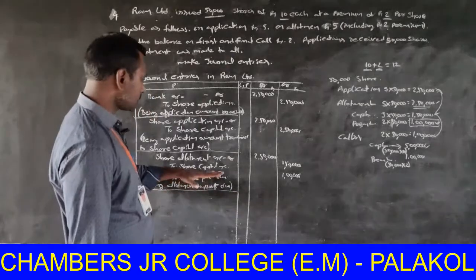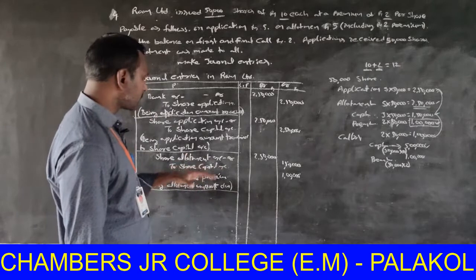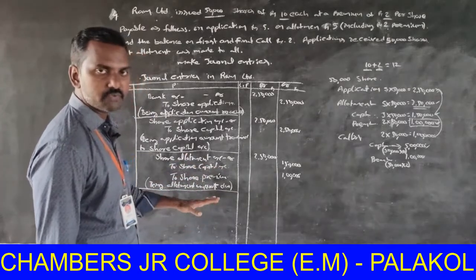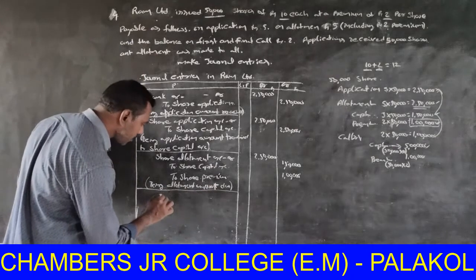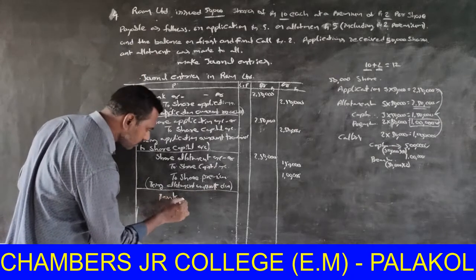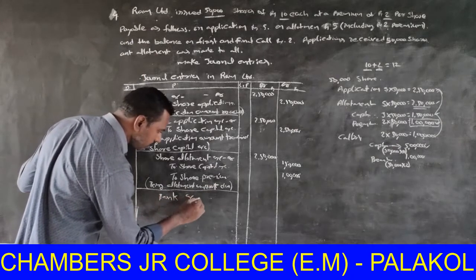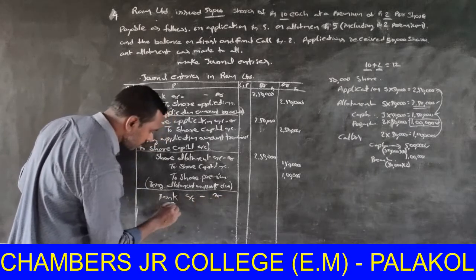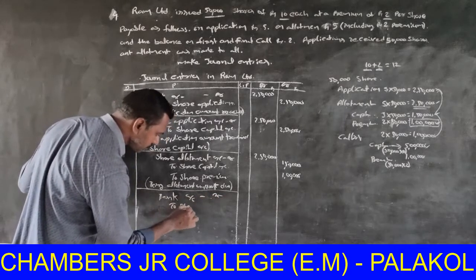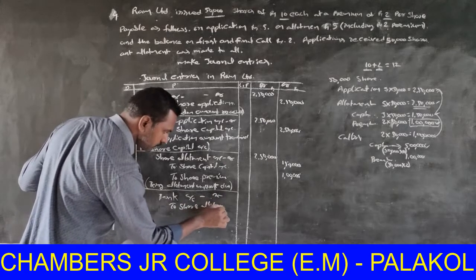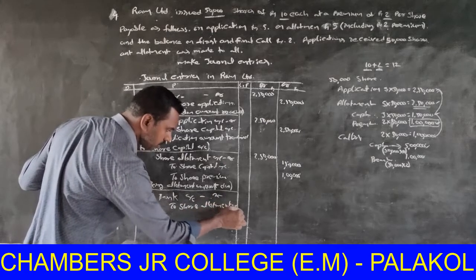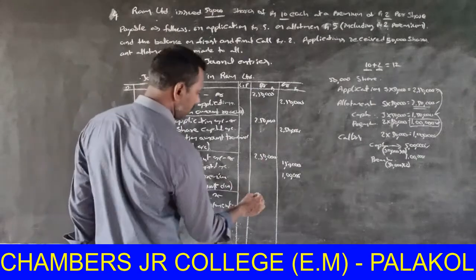Okay. Next, for receiving of allotment money, the journal entry is bank account debit to share allotment account, 2,50,000.